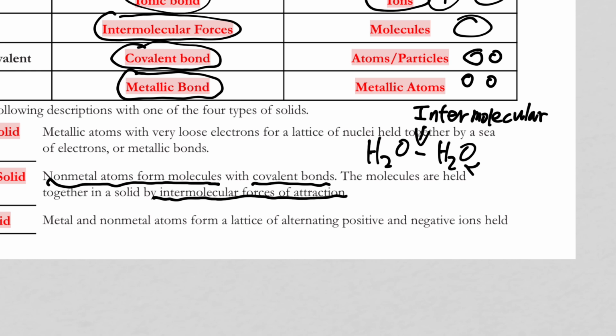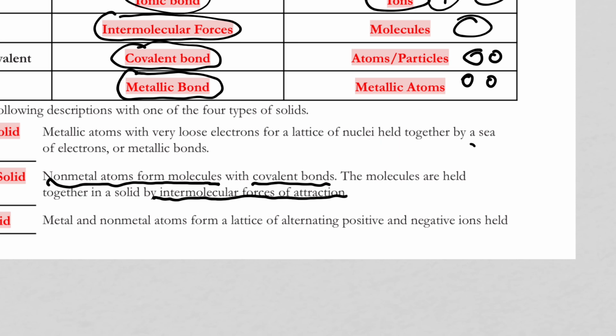But the bonds within the H2Os, those are covalent bonds. So those are within the molecules. Those are much harder to break. Intermolecular force, on the other hand, is much more easily broken. So that is going to be a distinction that we're going to come back and talk about more in the next few lessons.